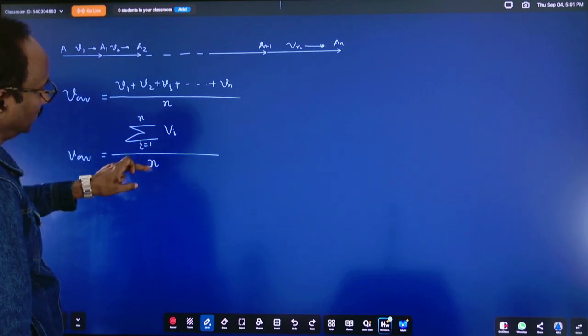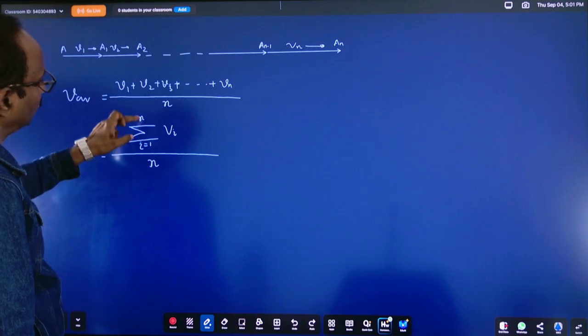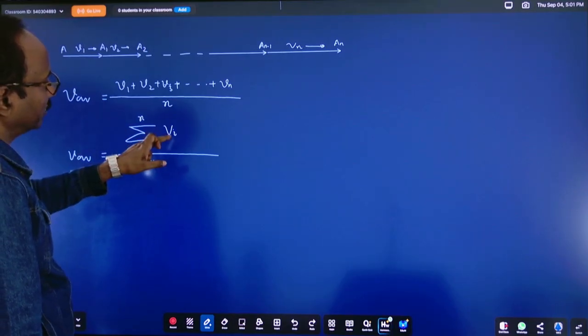I from 1 to n, so this should be divided by n. If I from 1 to 2, then it should be divided by 2. Here it will become V1 plus V2.